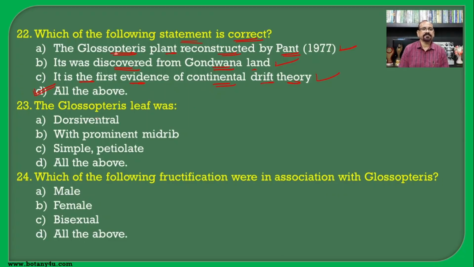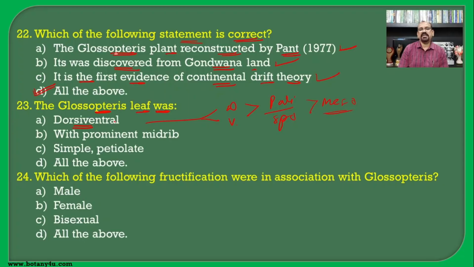The Glossopteris leaf was dorsiventral, that is, it has two sides, dorsal and ventral. Here we can consider the presence of palisade tissue and spongy parenchyma, that is the mesophyll.